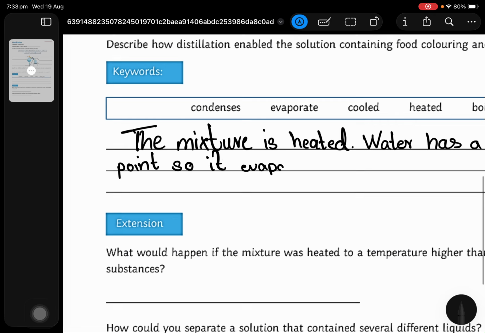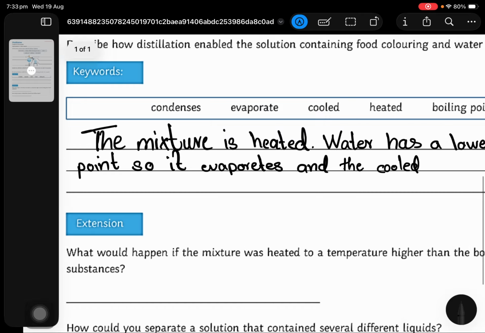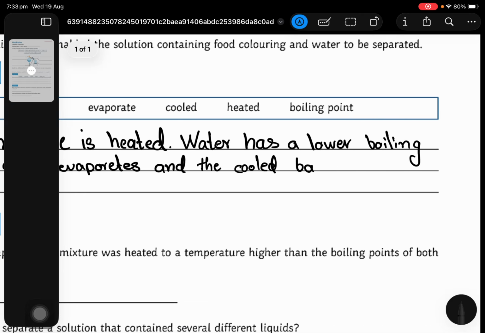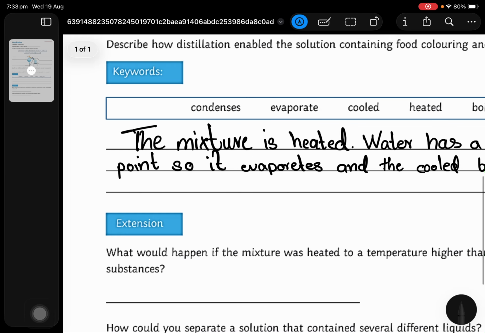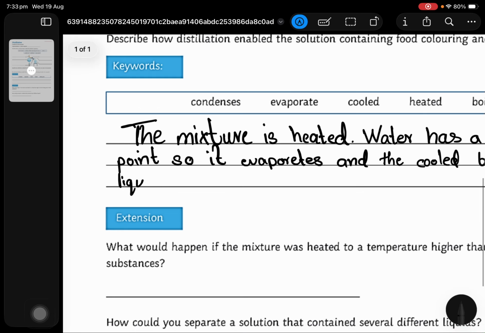So it evaporates and then cooled back into a liquid, while the food coloring is still remaining.